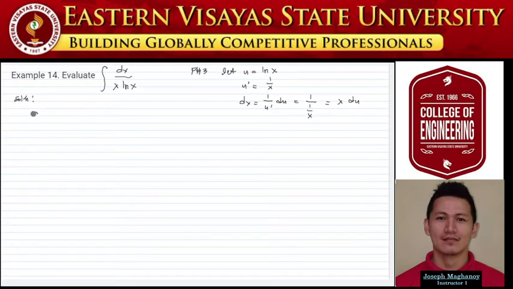So if we have the integral of dx over x ln x, and we apply the correction factor, your dx is equal to x du over x ln x.